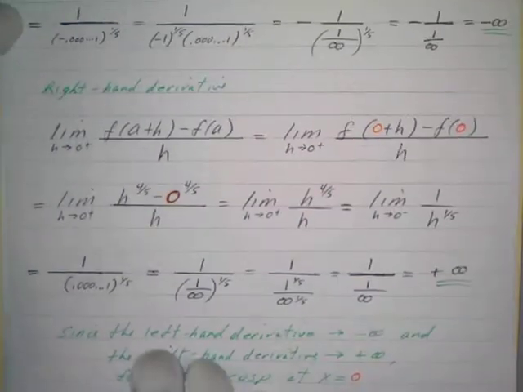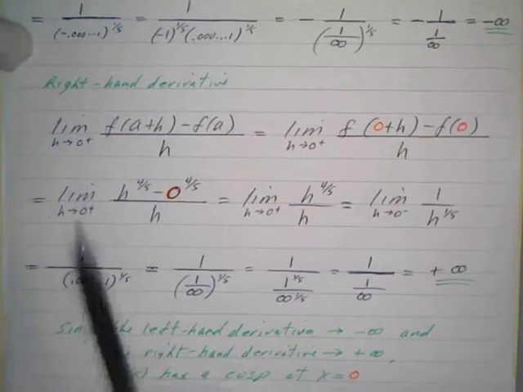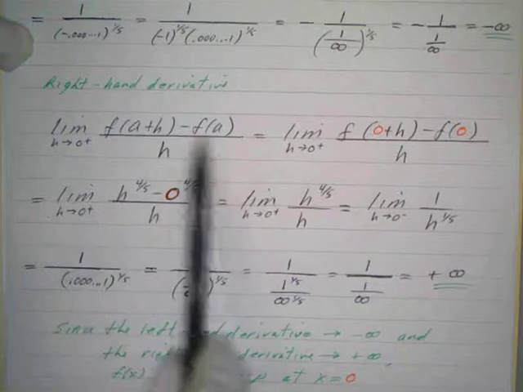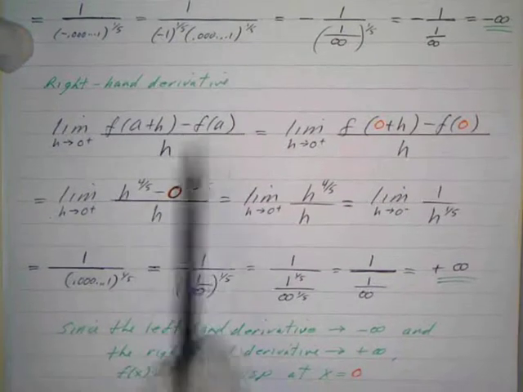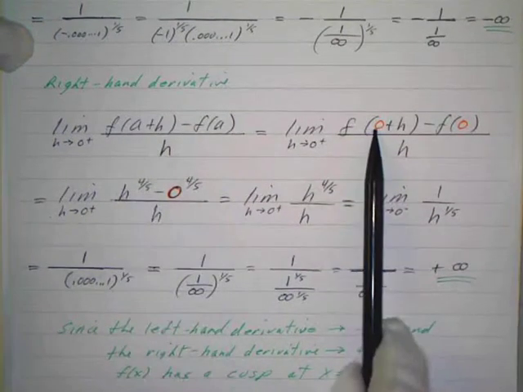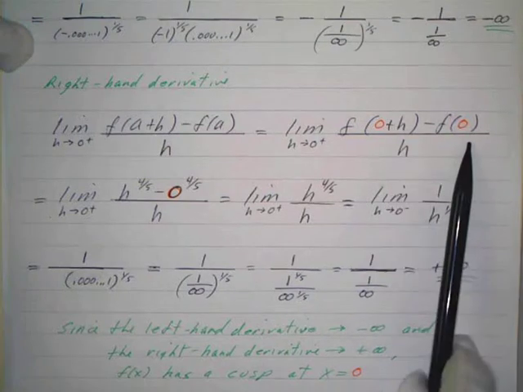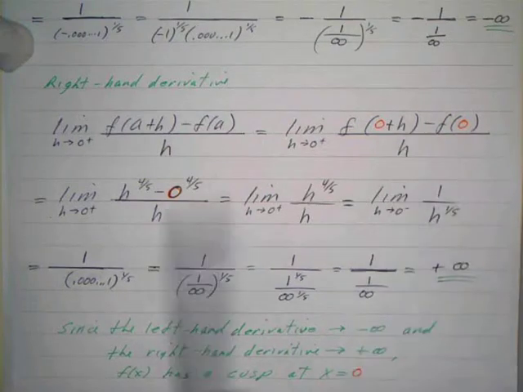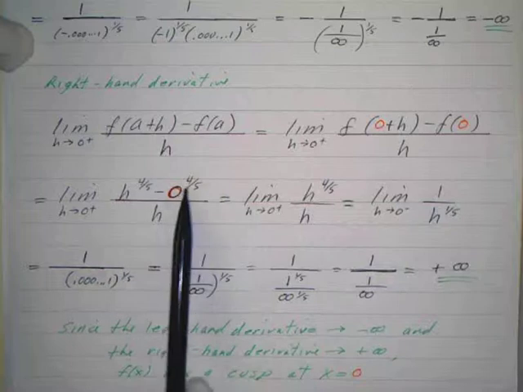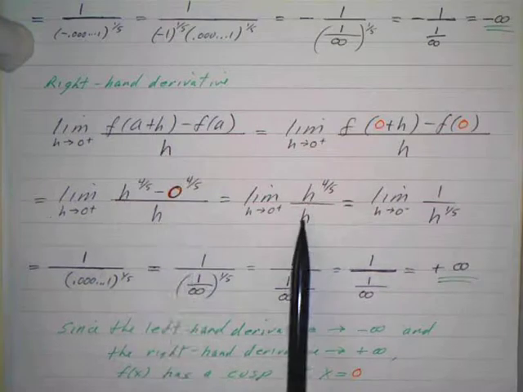And again, the right-hand derivative, we're going to check the right-hand derivative, and we'll do the same thing. This is my derivative formula, f of a plus h minus f of a over h, and I'm going to put 0 in for the a, because I'm looking at when x equals 0. Then I substitute this into the function, that's h to the 4/5 minus 0 to the 4/5, which is just h to the 4/5.